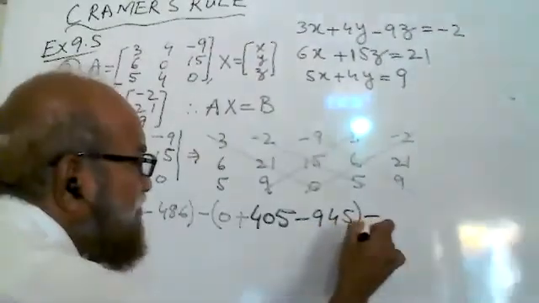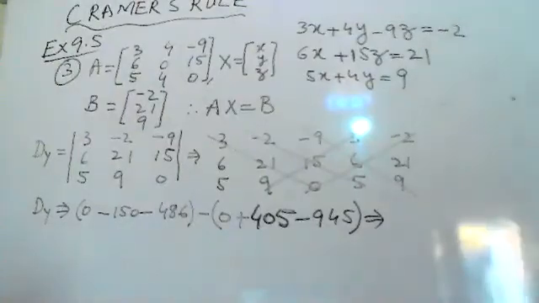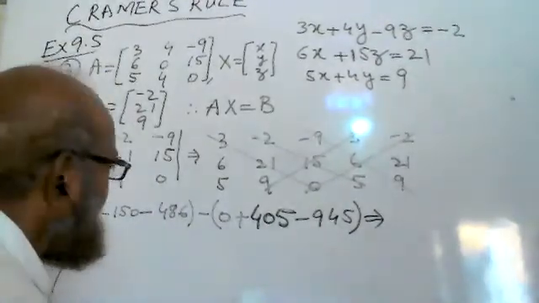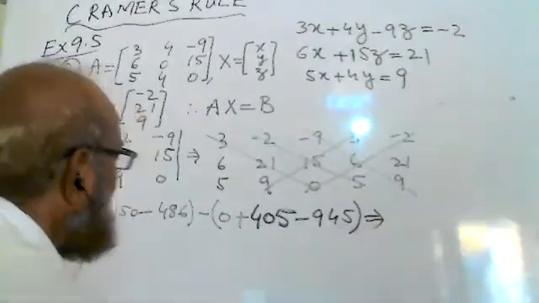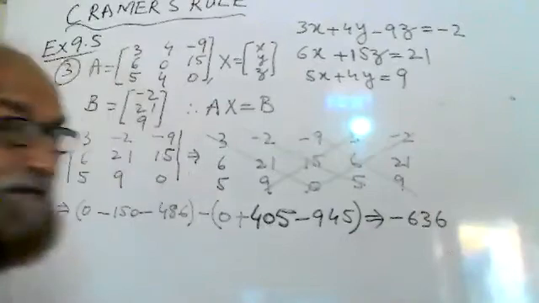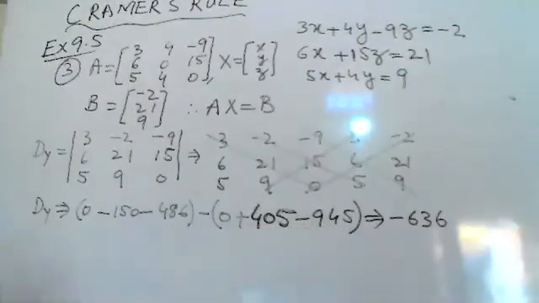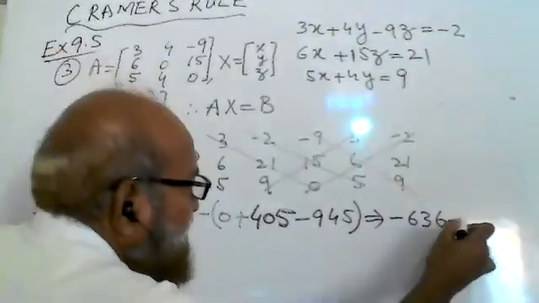It will become minus 150 minus 486, which is minus 636. Then 405 minus 945, so it is minus 540.